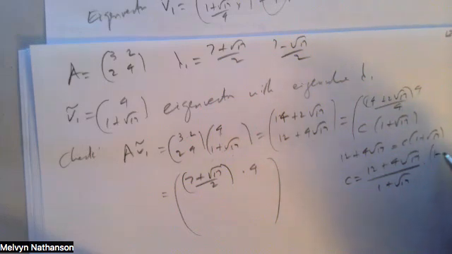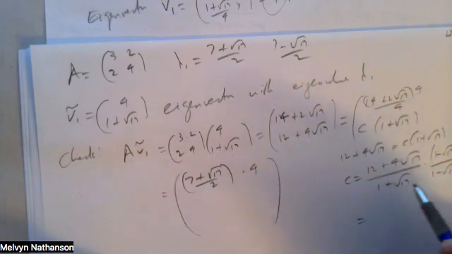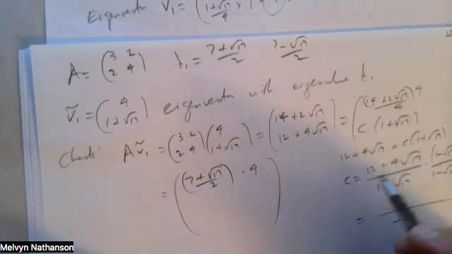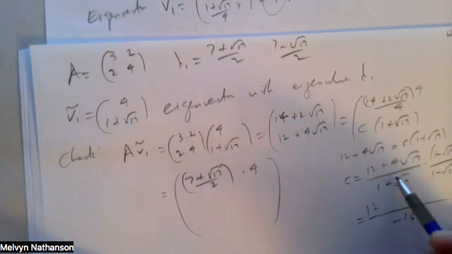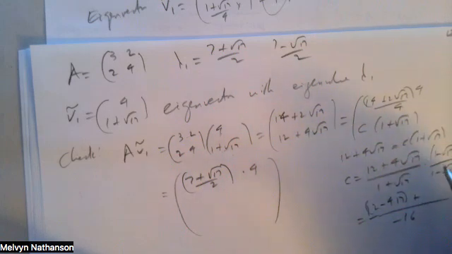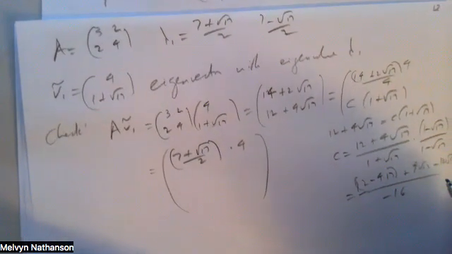Then we multiply this by 1 minus root 17. In the denominator, I get 1 minus 17, which is minus 16. In the numerator, I get 12 minus 4 times 17 plus 4 root 17 minus 12 root 17.